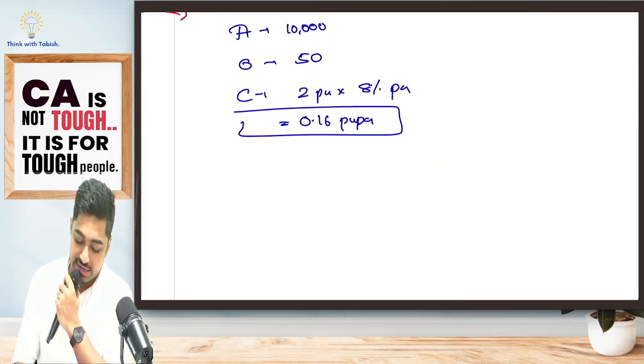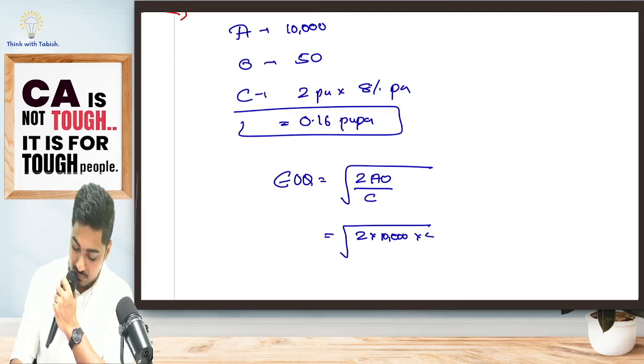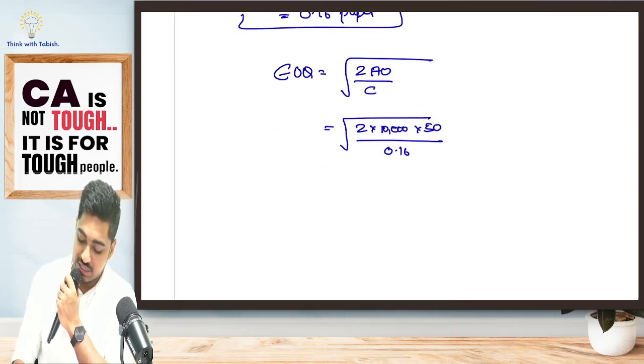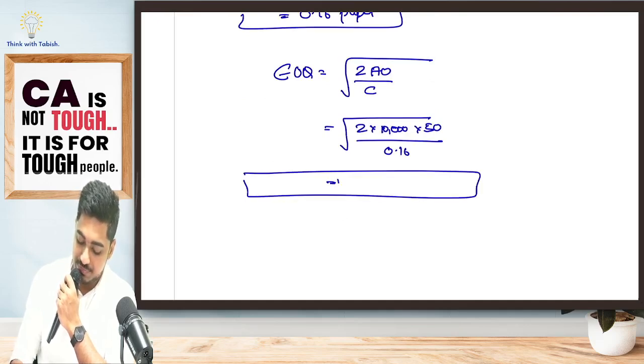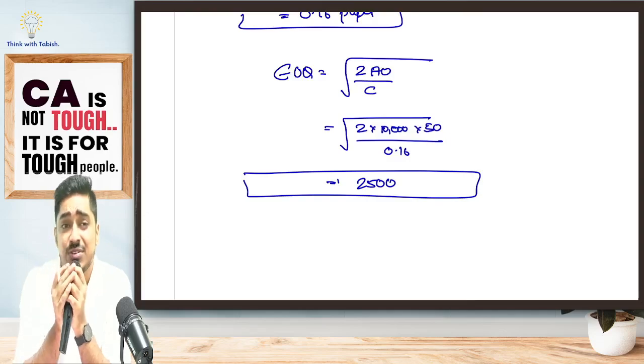So can I calculate my EOQ, my dear students? Square root of 2AO divided by C. Square root of 2 into A, annual demand is 10,000, O is 50, divided by C, 0.16. So what is my EOQ? Can you tell me? 2000, 2500 units.